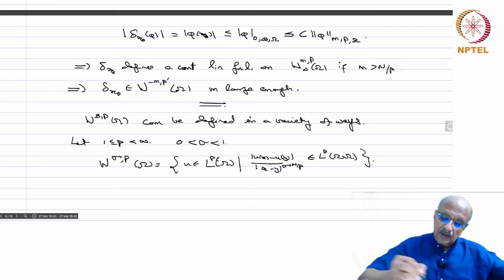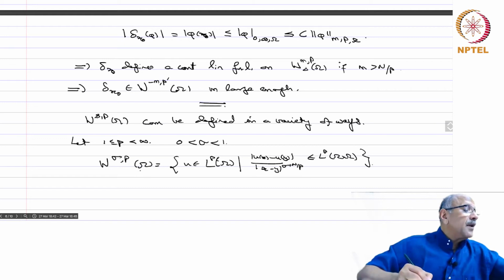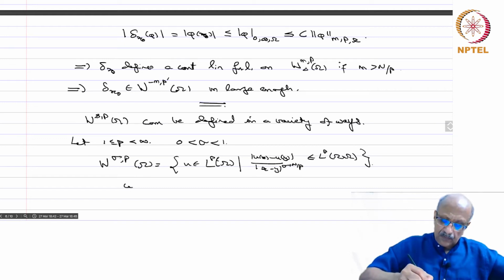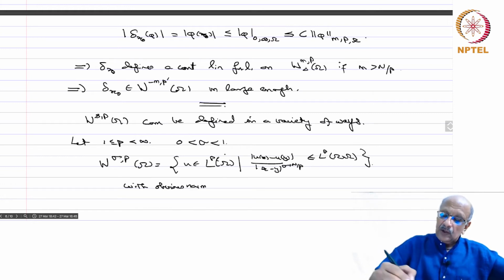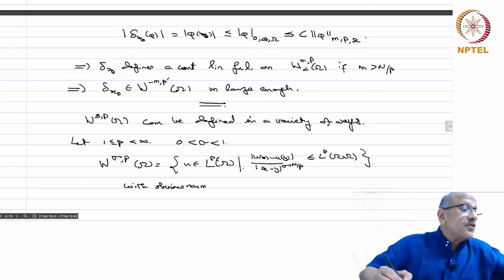So you define this as W^{σ,p}, with the obvious norm, namely the L^p norm of this function.